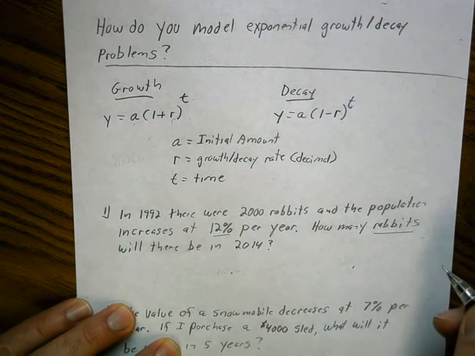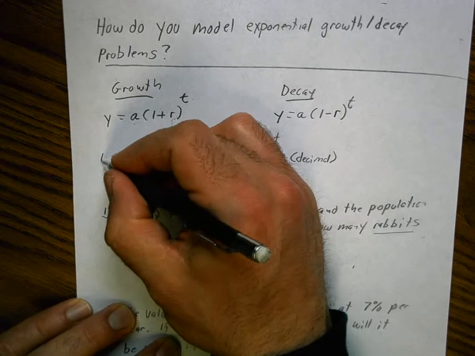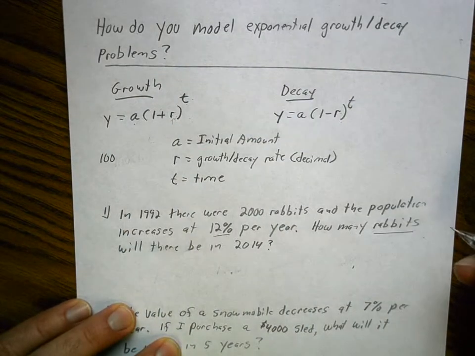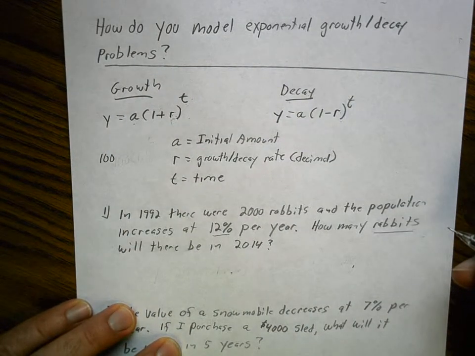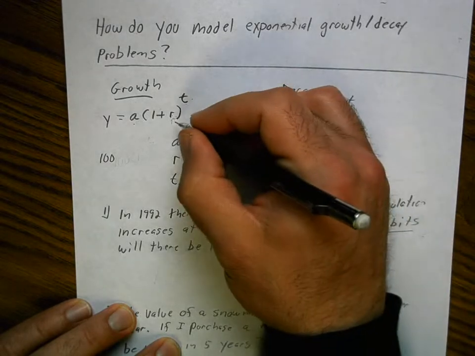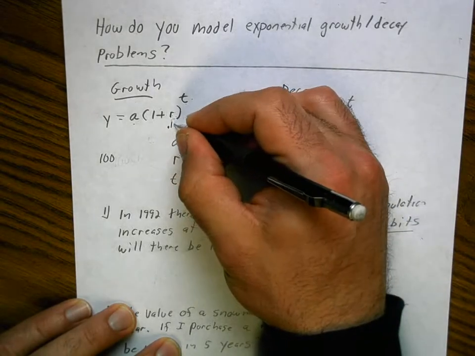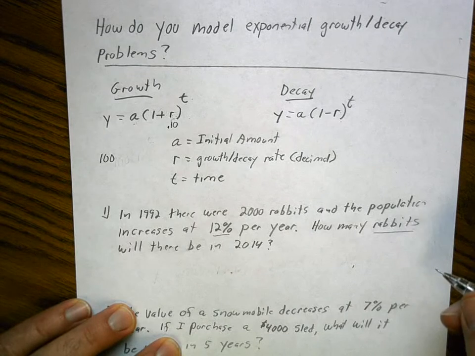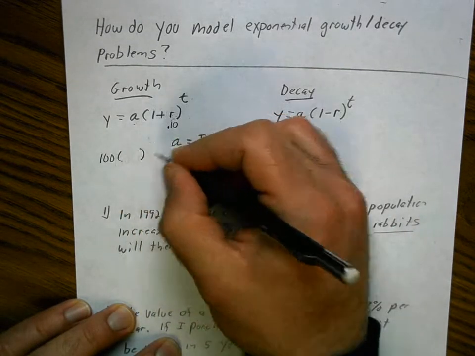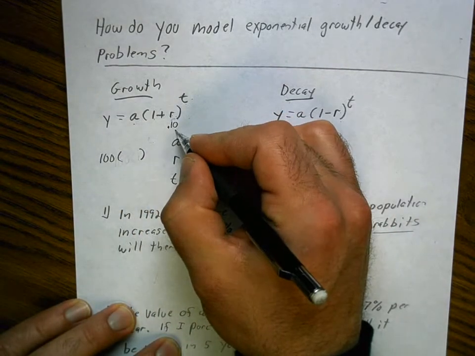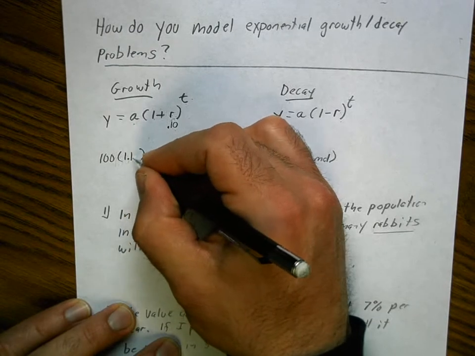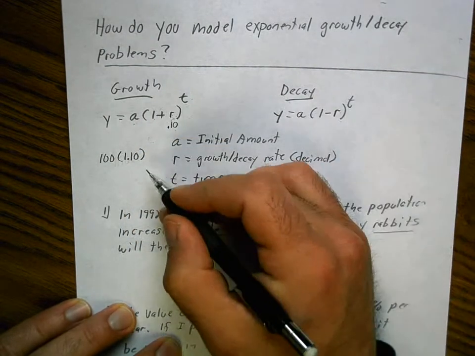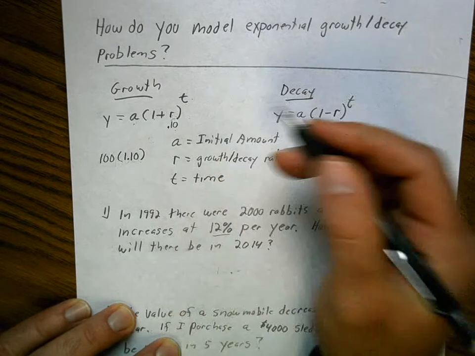For example, let's say I have $100 and I want to put that into an account that gains 10% interest. 10% as a rate would be 0.10. So my growth factor, which is 1 plus the rate, would be 1.1, and that is what I would use as my base.